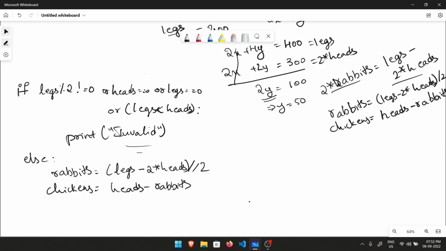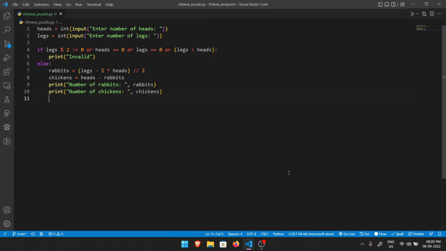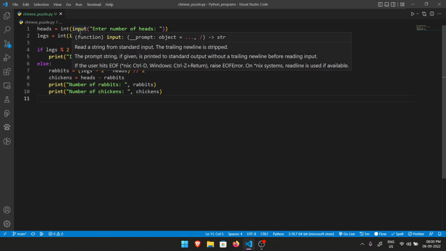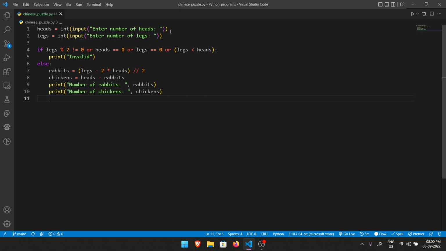Now we'll move to the code editor to continue this problem. Okay, now we are in the code editor, and we'll be looking at the code. First, we have taken the input of the number of heads and the number of legs. Next, we check the constraints. The first constraint is that the number of legs should be even, the second is that the heads and legs should not be equal to 0, and the third is that the legs should not be less than the number of heads. If any of these conditions is true, we print invalid.